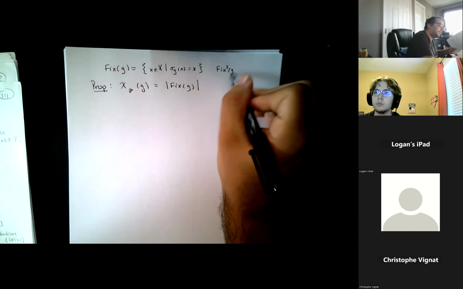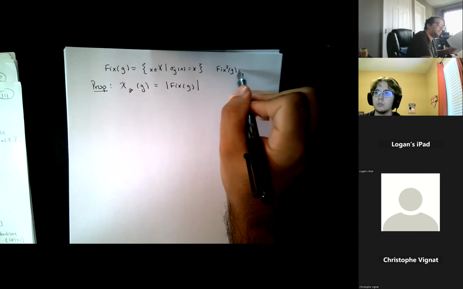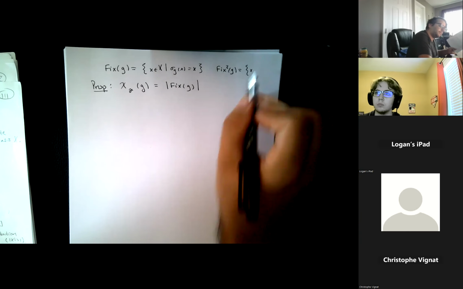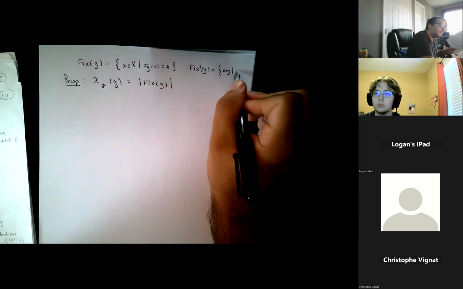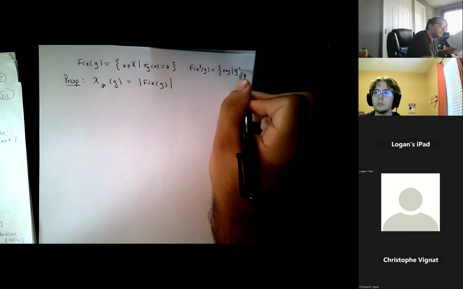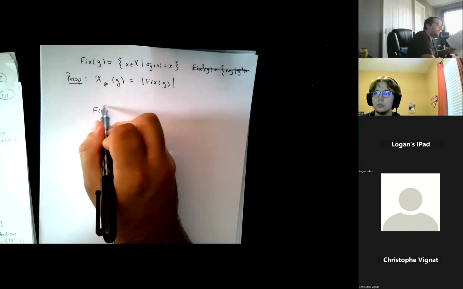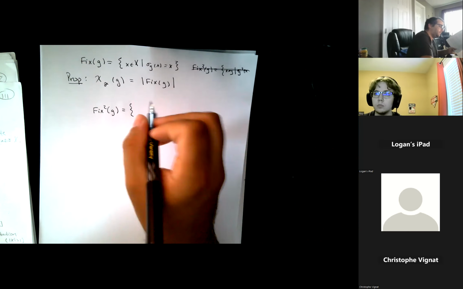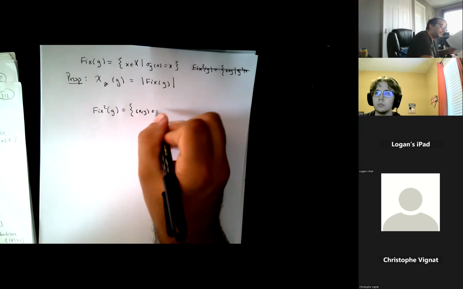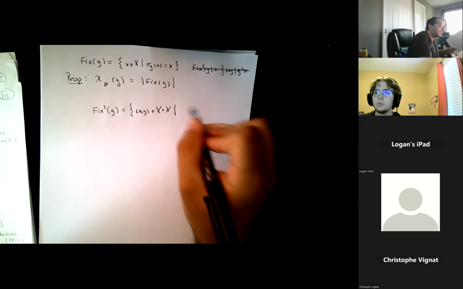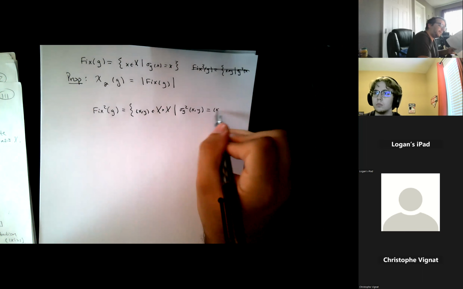So Fix_2(g) is the set of fixed points of g on X cross X. The points (x, y) in X cross X such that sigma g 2 of (x, y) is just equal to (x, y).